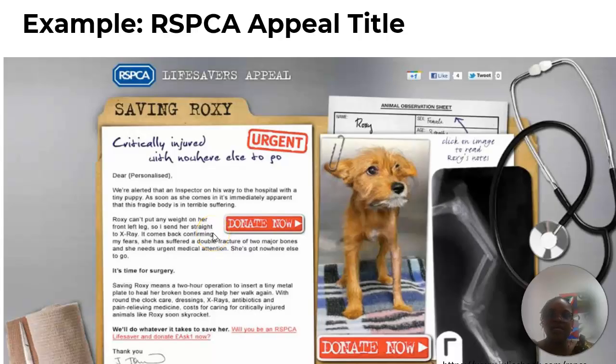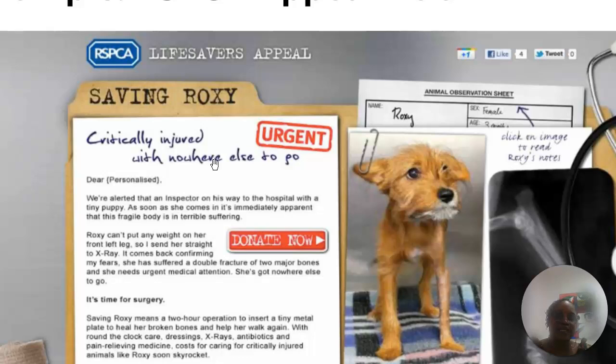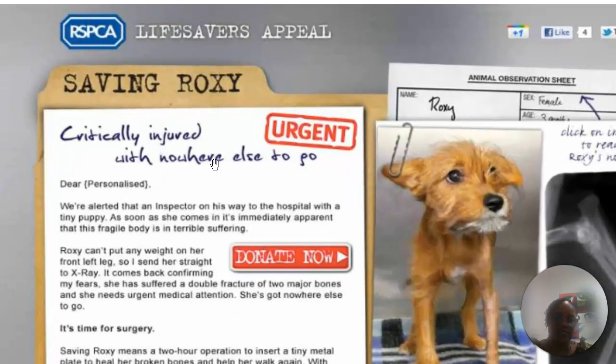This text is an appeal by RSPCA, and it is titled Saving Roxy. Now, if you look at this title, Saving Roxy, one thing you'll notice is the font, like we said, the placement, the typography, the colors used.